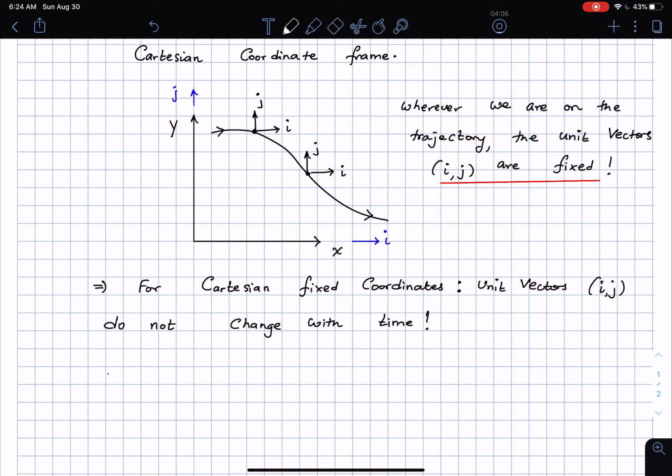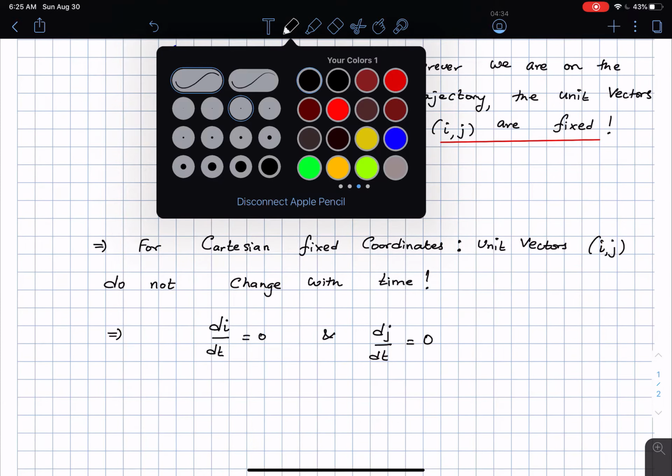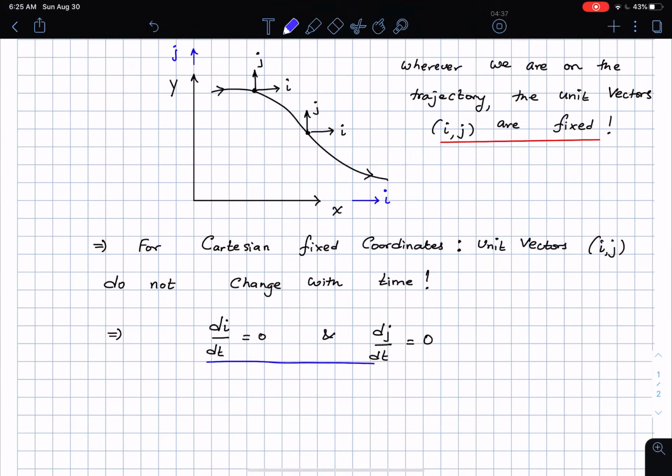So di by dt is equal to 0, and dj by dt is also equal to 0. And this is something that we're going to be confining our analysis to at this point in time. So the unit vectors i and j do not change their directions over time, which means that di by dt and dj by dt are going to be 0. I'm going to underline this statement as well here. Okay, so that's something important.